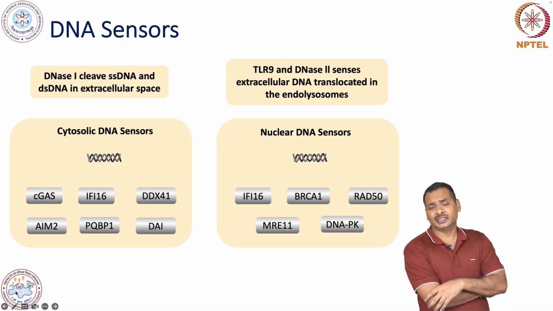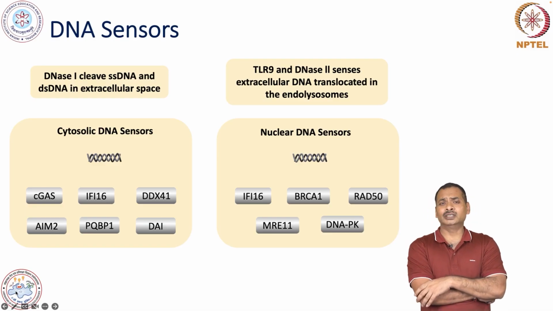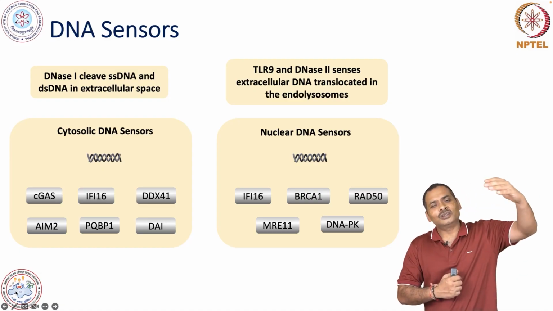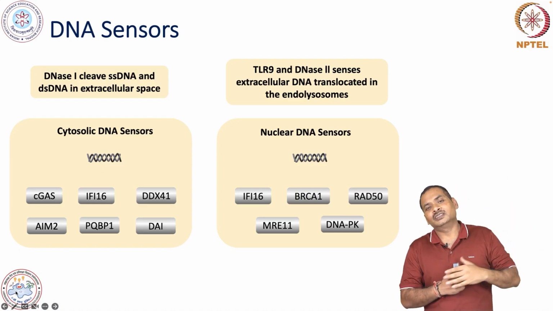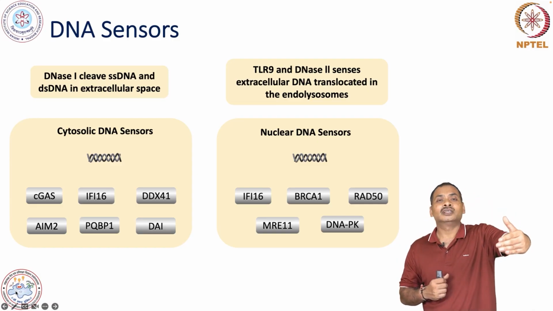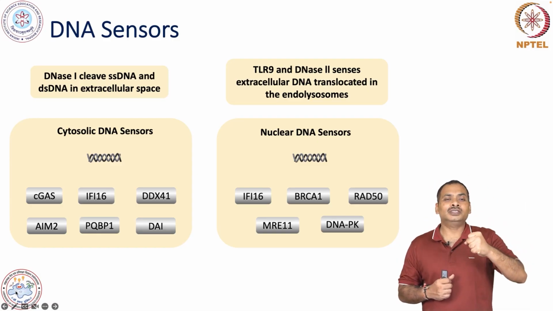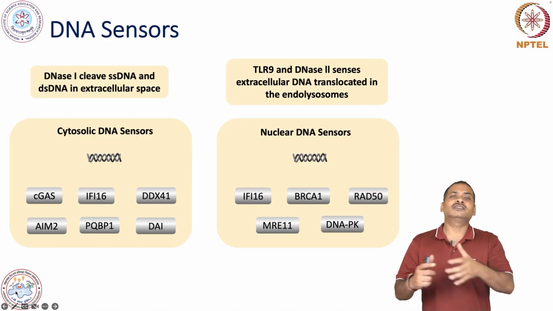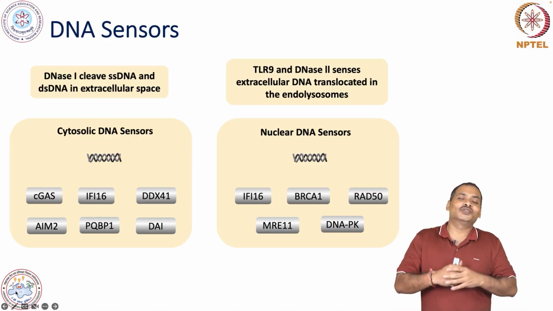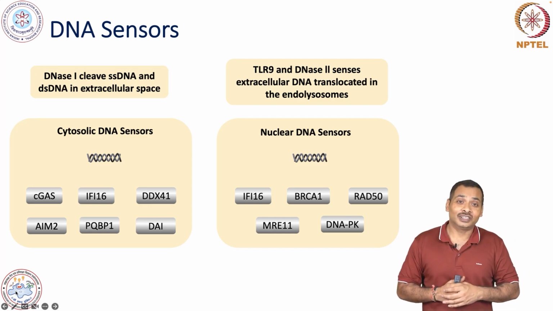In addition to IFI16, there are various other nuclear DNA sensors like BRCA1, RAD50, MRE11 and DNA-PK. So here you can see that in all situations the DNA can be sensed: outside the cell, in the endosome, in the cytosol as well as in the nucleus. If you see very carefully, our cell is fully guarded against foreign DNA.